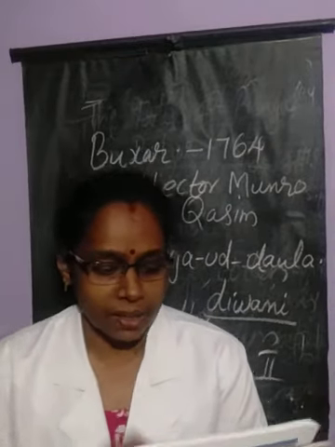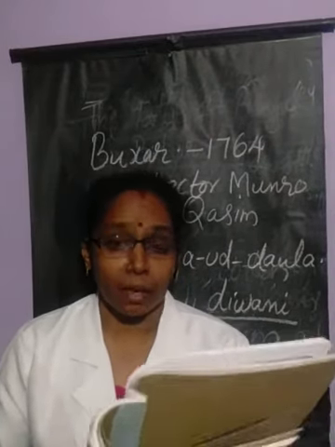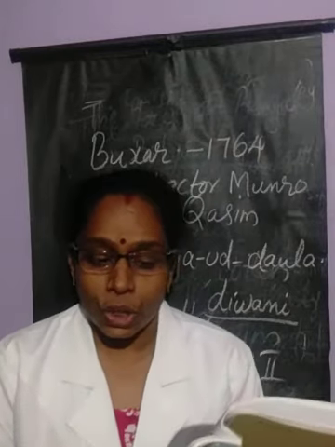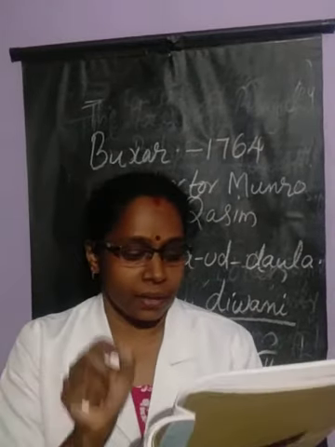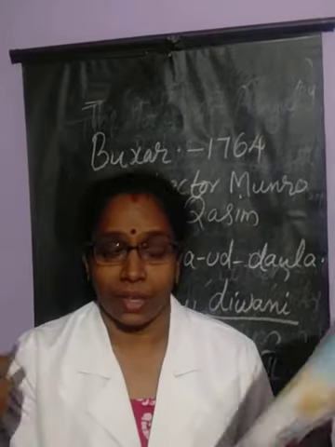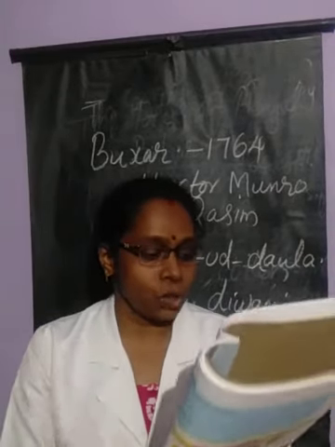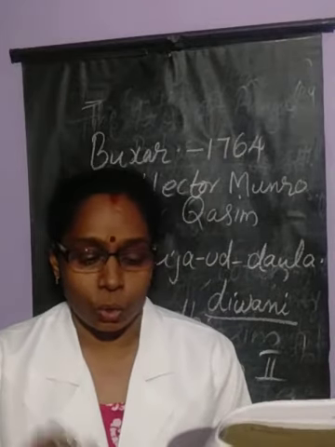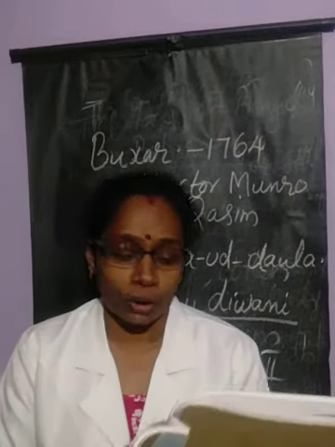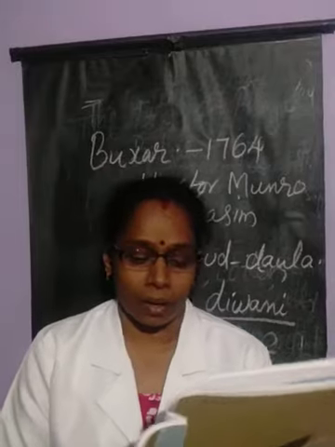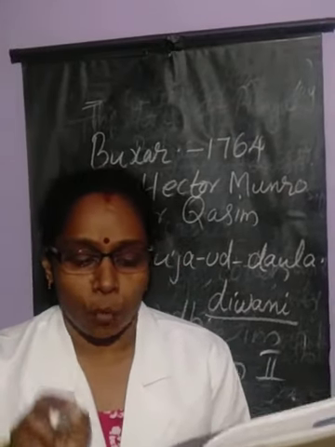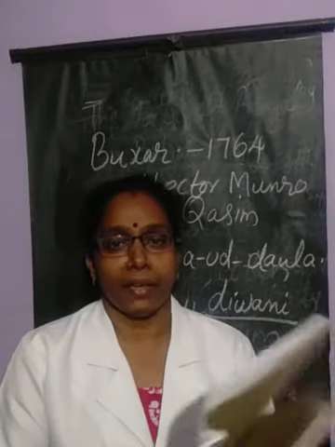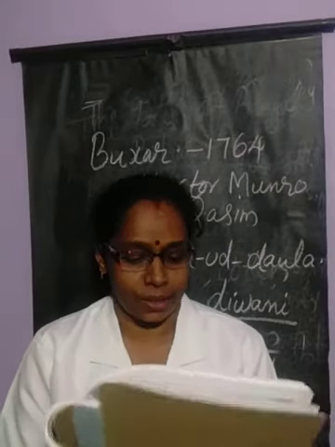Okay, once again listen to the paragraph. The British emerged victorious. Shah Alam II was forced to grant the Diwani, the right to collect revenues, and allow the British to run the administration of both Bengal and Bihar, the country's most prosperous provinces, the most rich and fertile territories.